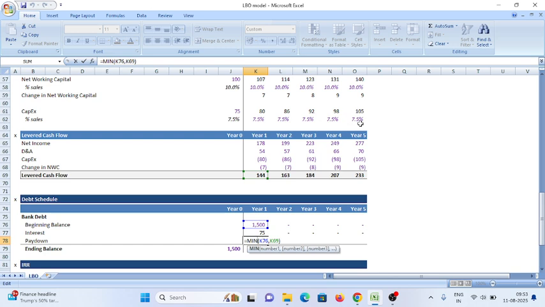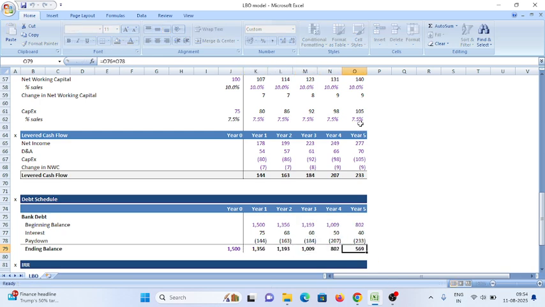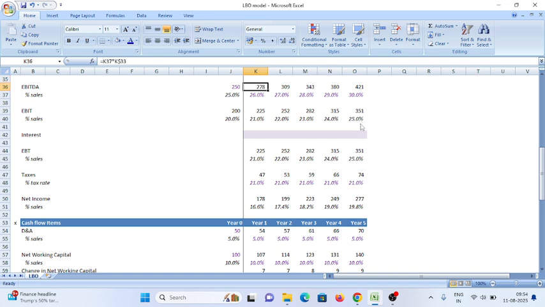We'll make it negative because it's going to reduce your debt. So now your ending balance is opening balance plus your debt repayment. Yeah. So once we have this, you can link your interest amount here.